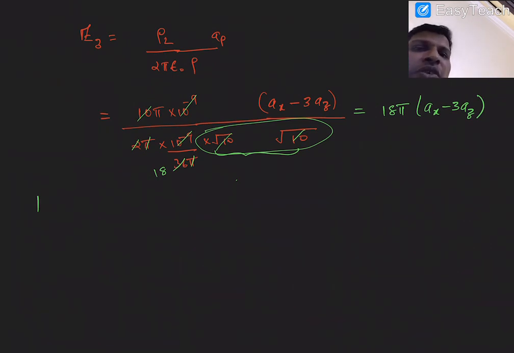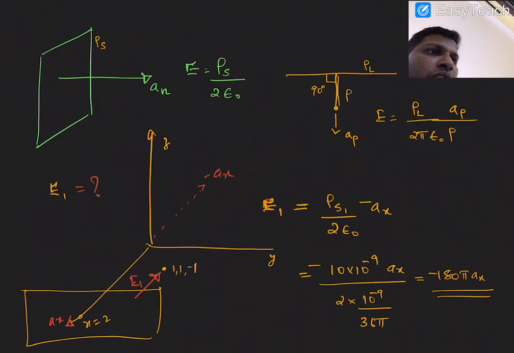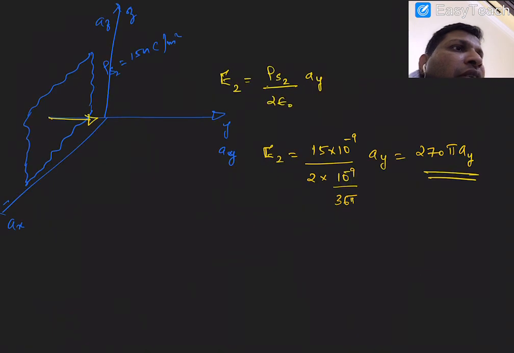So I can find the total field. Total electric field is nothing but E1 plus E2 plus E3. We have seen E1, I think we got it as minus 180 pi ax, then E2 is equal to 270 pi ay.